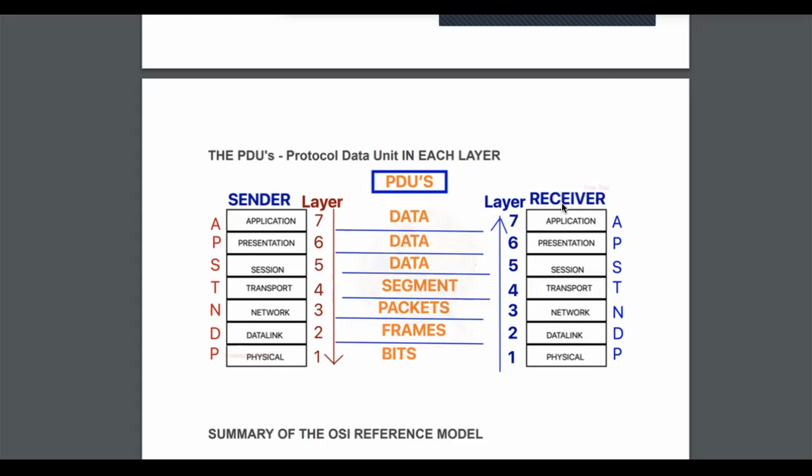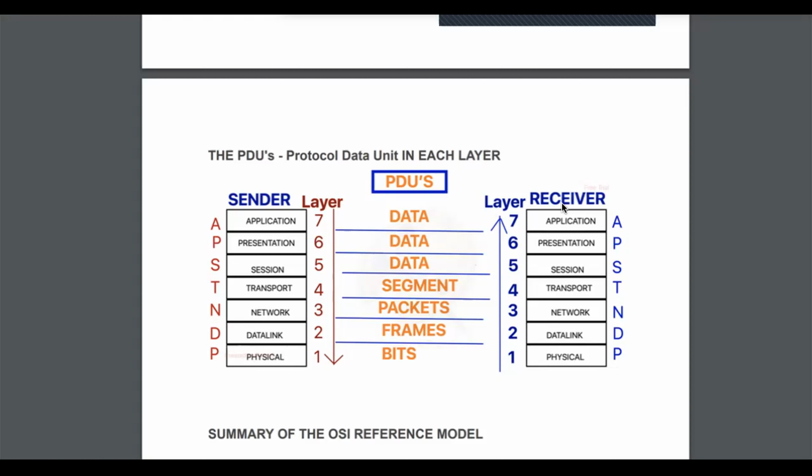So information that exists in the seventh layer is called data. In the sixth layer, it is still called data. In the fifth layer, it is also still called data.